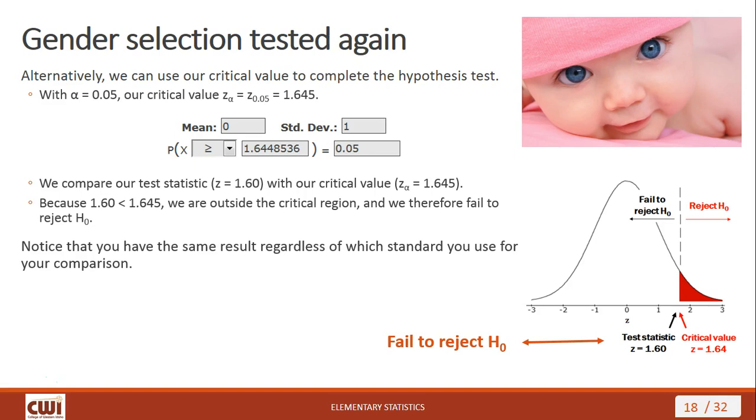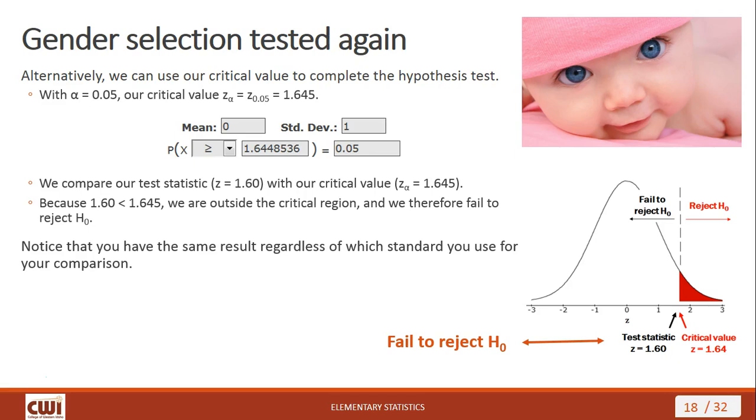Notice that no matter which way you go, no matter which comparison you're making, you get the same result. Typically, the easiest way is to just look at the p-value, because you put your information into StatCrunch to do the hypothesis test, and the p-value comes out in your results.